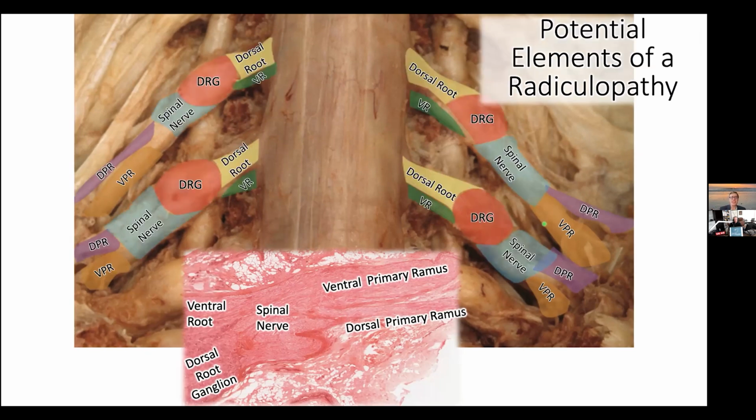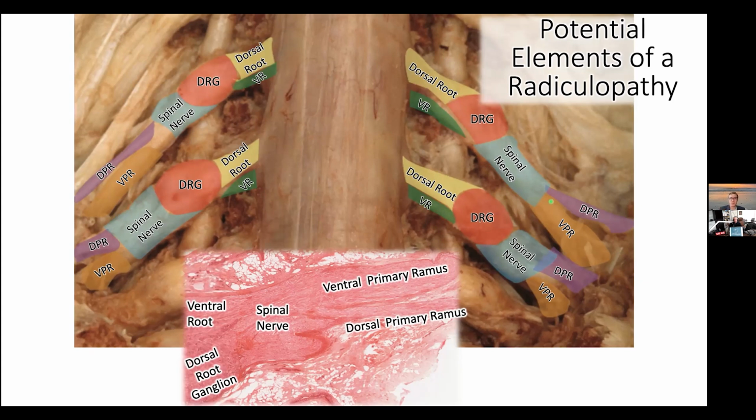So finally then, here we see all of those components from the roots all the way out through the rami. If any of these components seen here are compromised due to anything, disc herniation, osteophytes, Z-joint hypertrophy, really any cause, it's considered a radiculopathy. Okay.